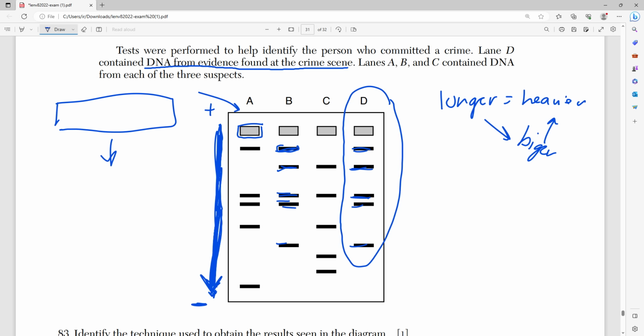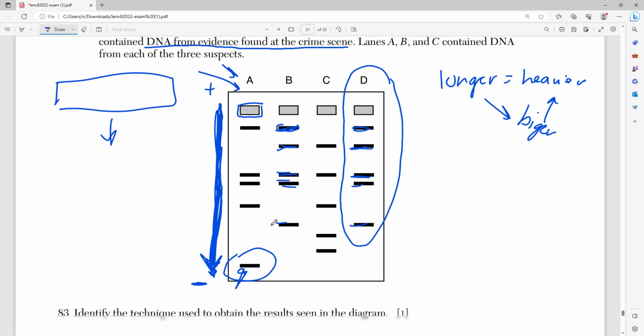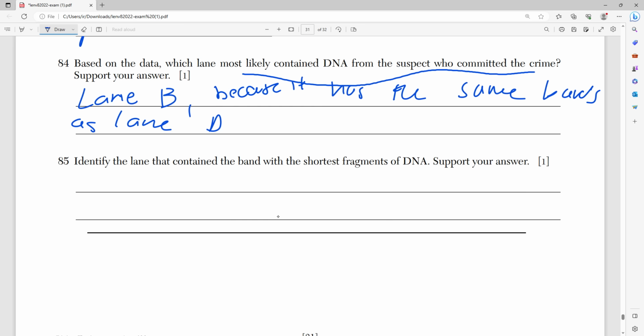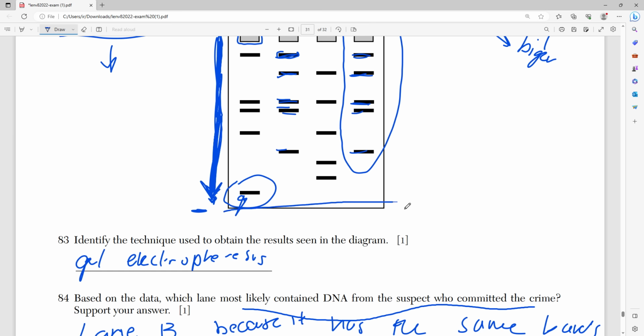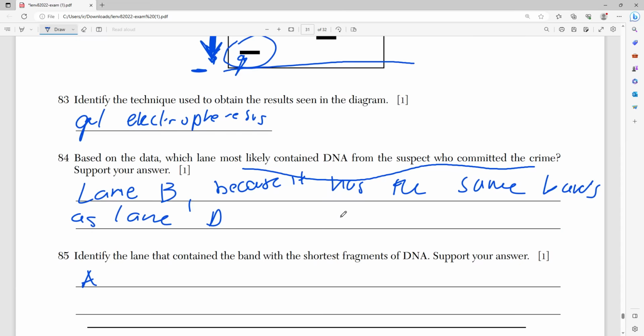But because A has this little segment all the way over here, which is ahead of anything else, that means lane A had the shortest segment of DNA because it was able to move the quickest, right? Because the shorter it is, the lighter it is, the quicker it's able to move. So lane A would have a band with the shortest fragment of DNA because it's closest to the bottom. So that's all of it.